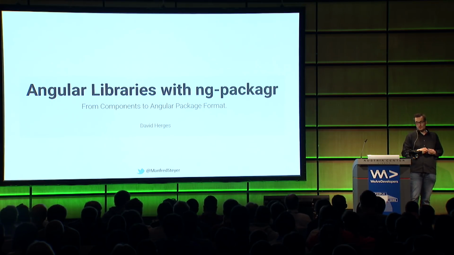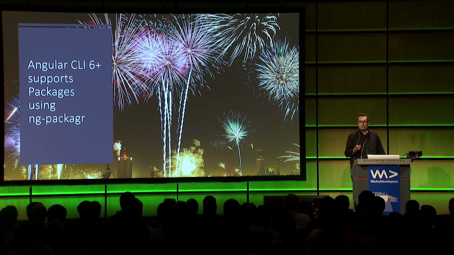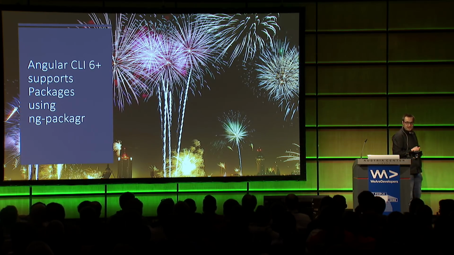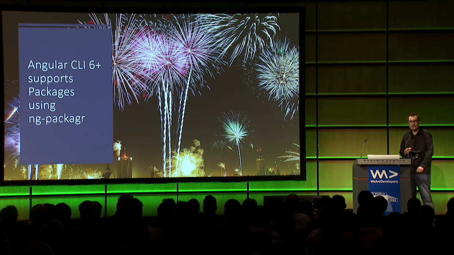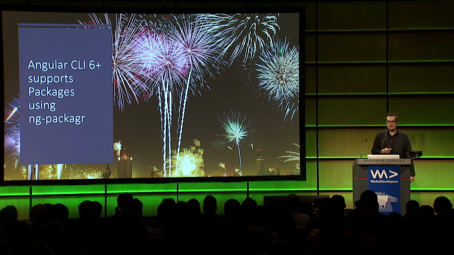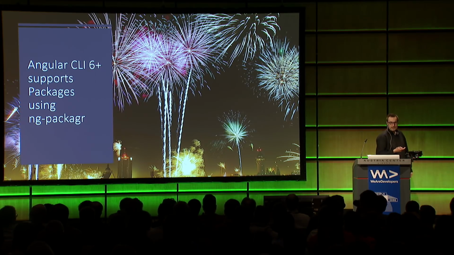And the best message is, since 2 or 3 weeks, the Angular CLI uses ng-packagr. The folks in the CLI team just used the ng-packagr tool. They wrapped it and they included it into the CLI 6. And so the CLI 6 can down-level your source code to NPM packages.